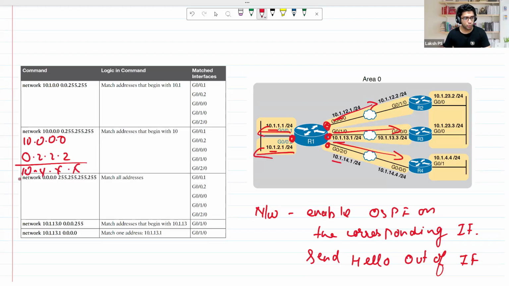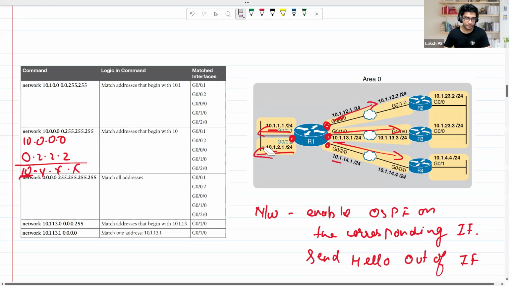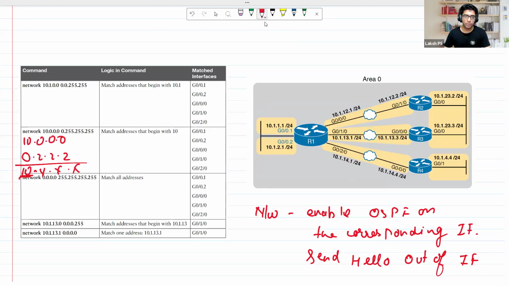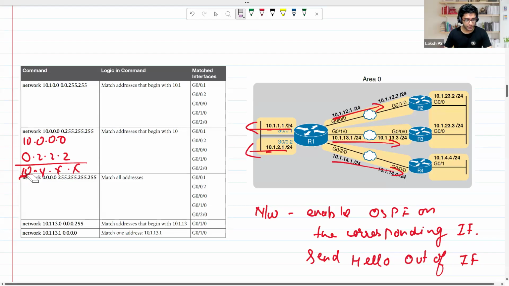It will look for all the interfaces which have an IP address starting with 10. Here again, all the interfaces on R1 start with 10, so OSPF will be enabled on all of them and it will send OSPF hello messages.